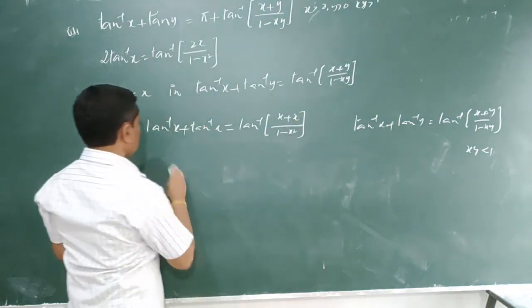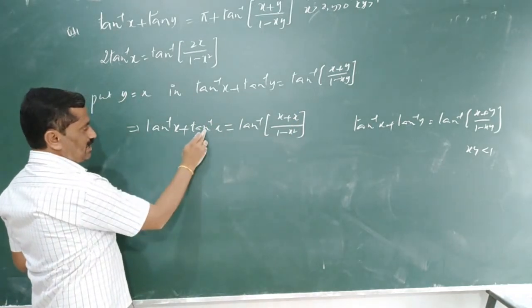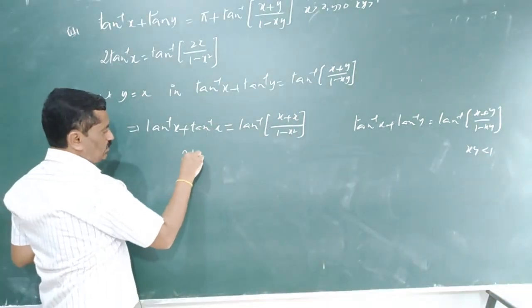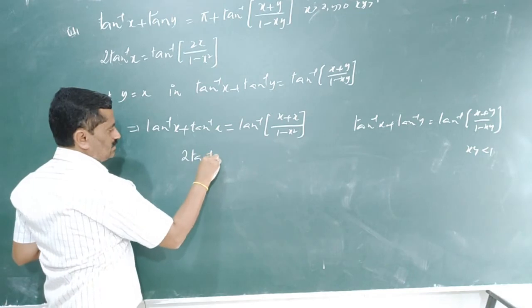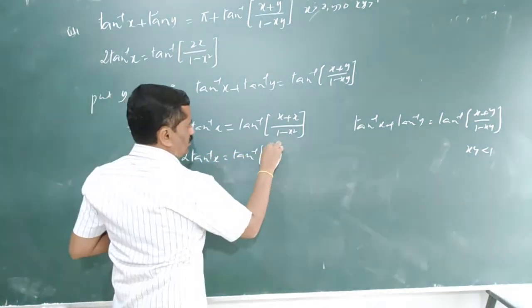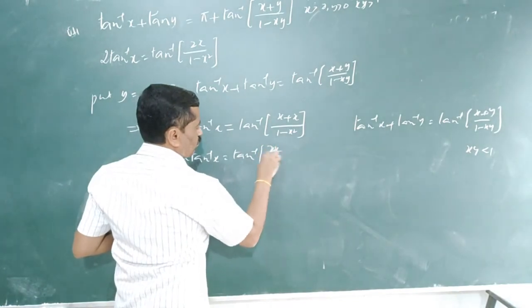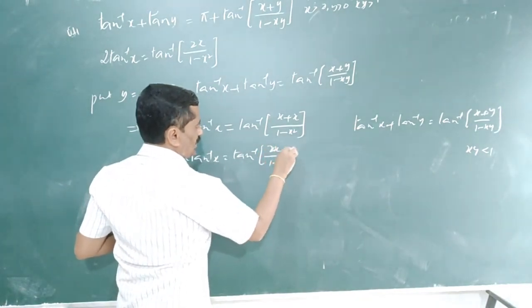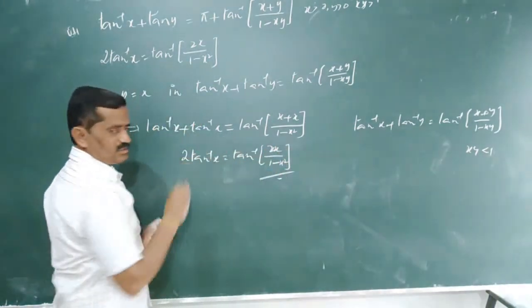So 2 tan inverse x is equal to tan inverse of 2x all divided by (1 minus x square). Okay. So this is the answer.